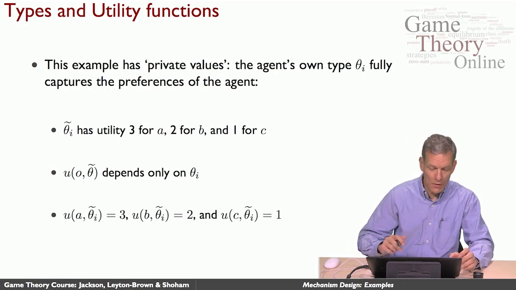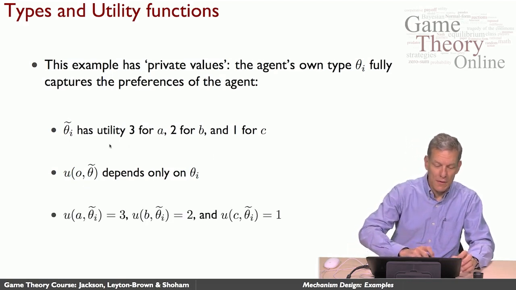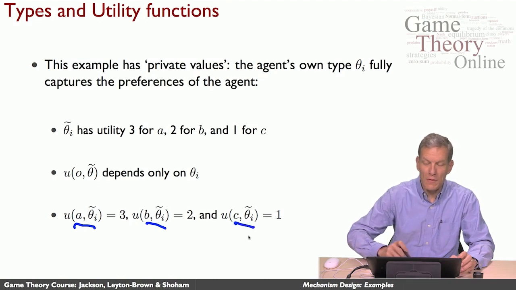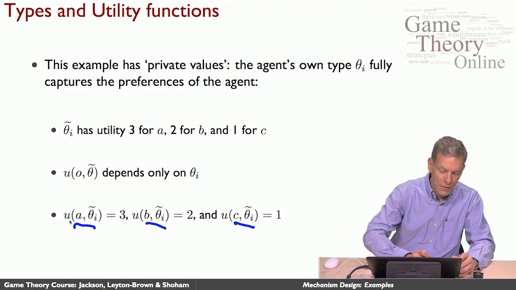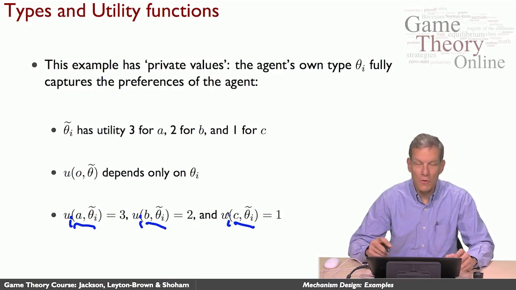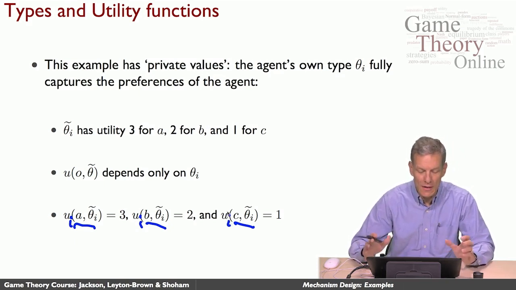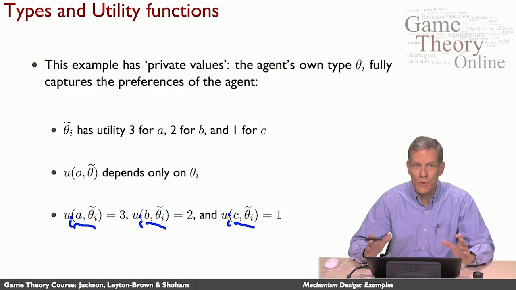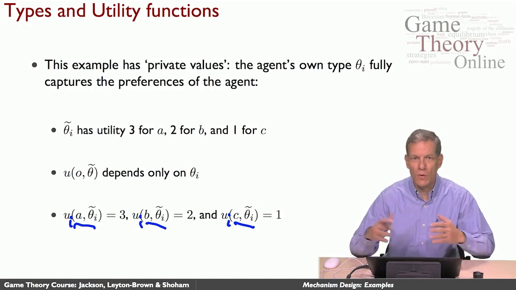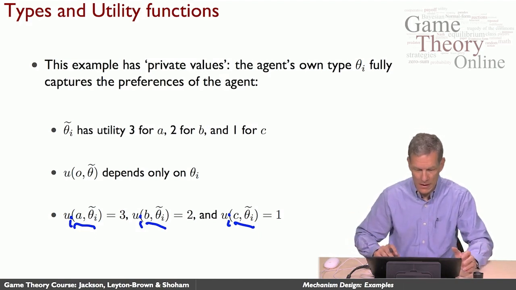Okay, so in this particular example then, that means that u_i of A and theta_i is 3, B and theta_i is 2, and C is 1. In this case, we should have subscripts on the u's. So this is a simple way of representing it. This is private values. That means that the person doesn't need to know the other person's types in order to figure out what their utility is. They know how they value the candidates, and there's no information out in the society that would change that.